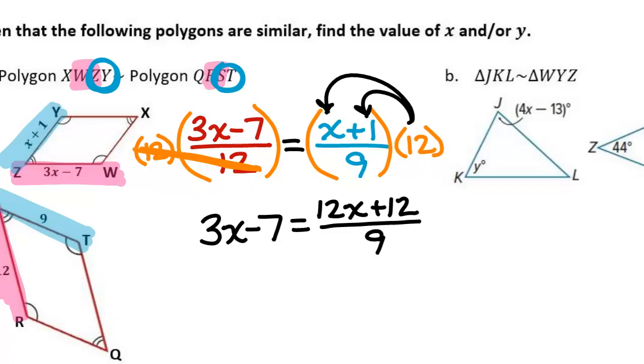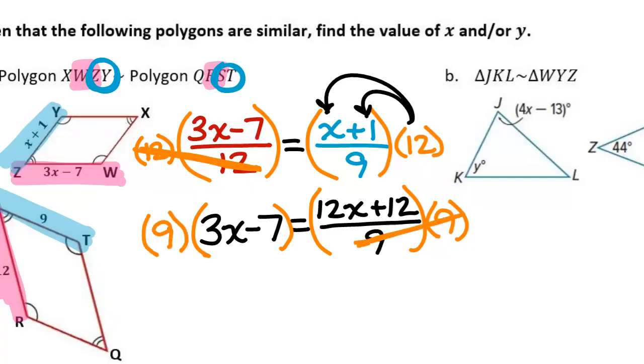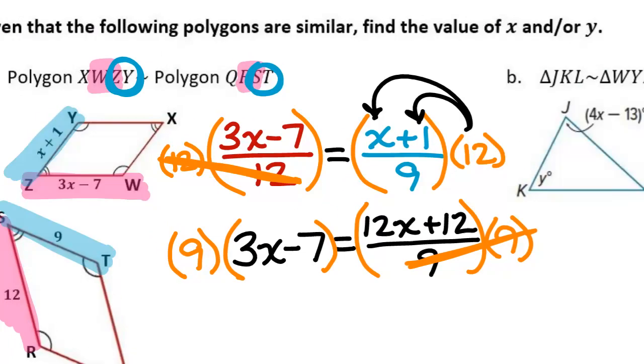Now we can get rid of our other denominator. How do I get rid of that denominator? Same way, multiply. Multiply by 9, put parentheses around things over here, and multiply by 9. Cancels out my denominator on the right. On the left, I have 9 being multiplied to everything on this side.